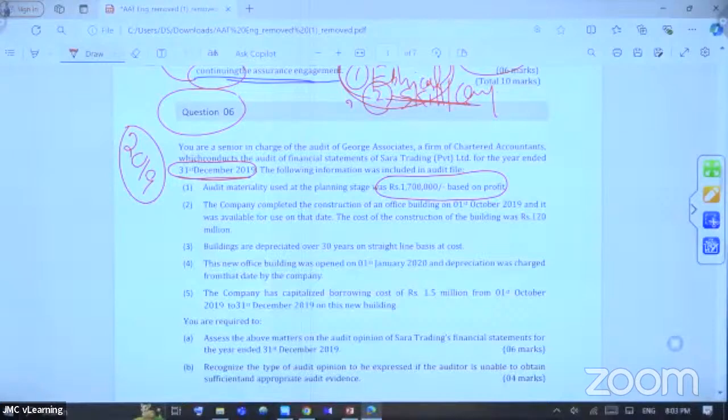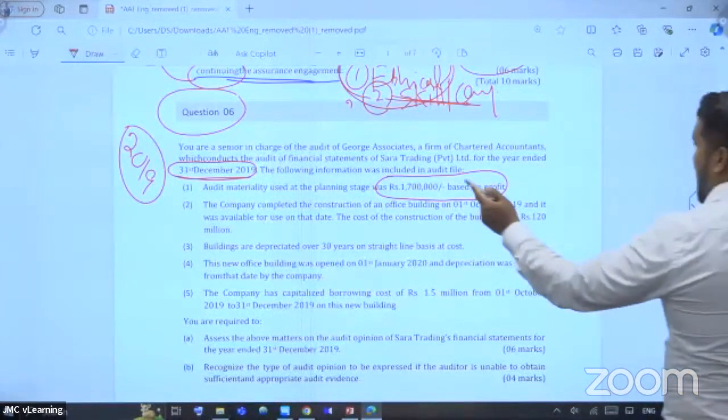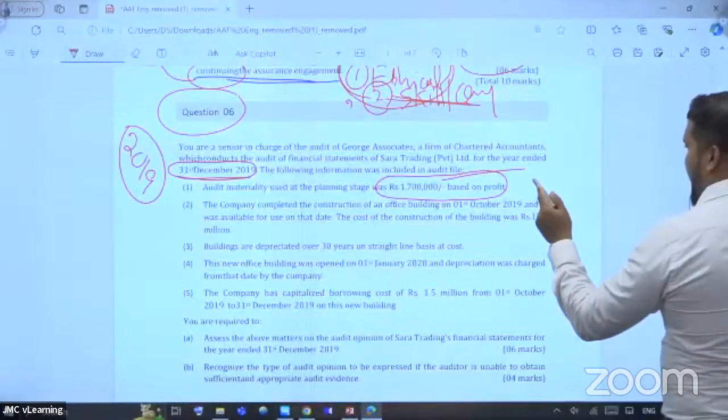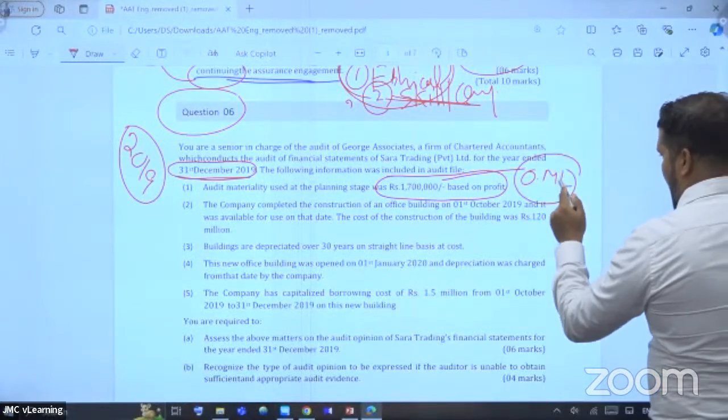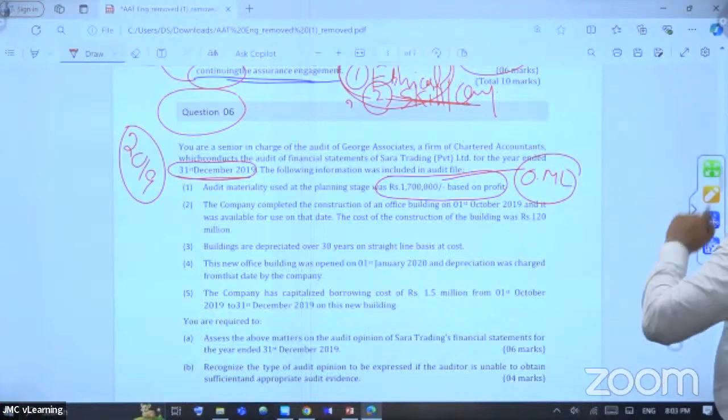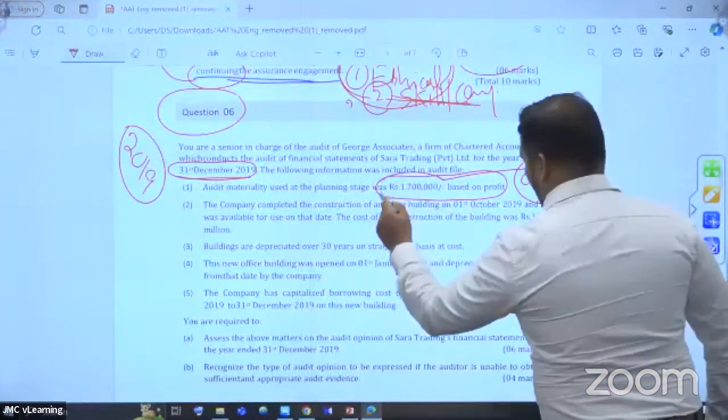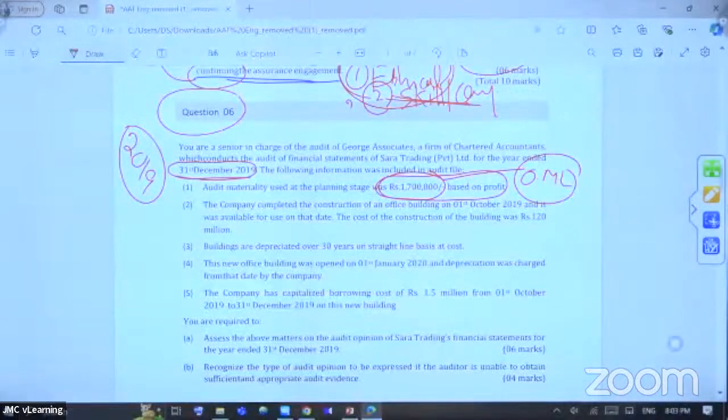Is it overall materiality or is it performance materiality? This one mainly refers to overall materiality level. Unless the examiner clearly mentions it is performance materiality, we need to assume that it is overall materiality.